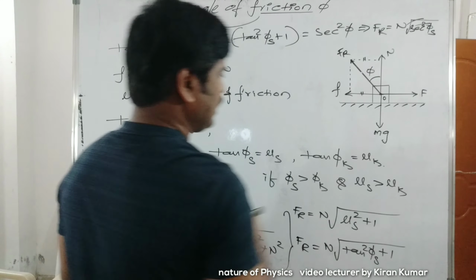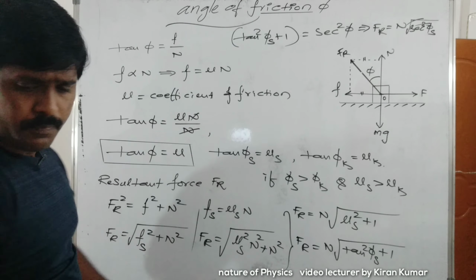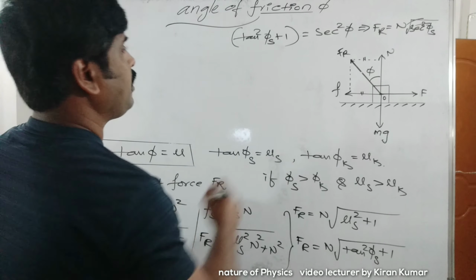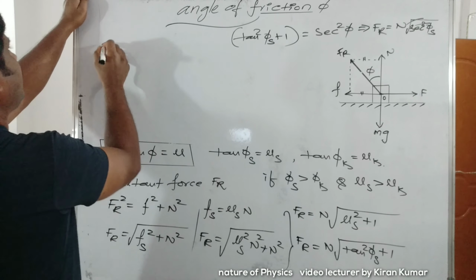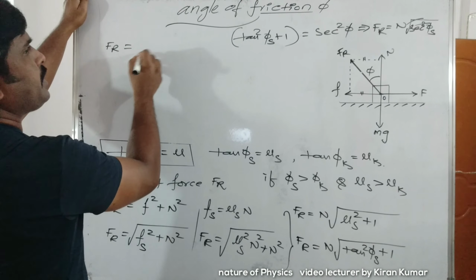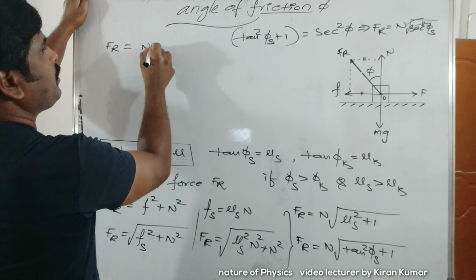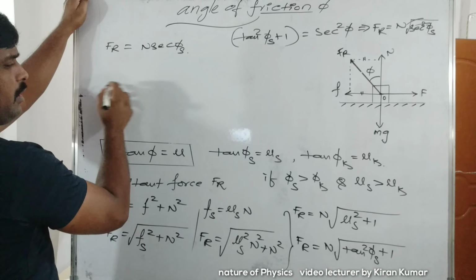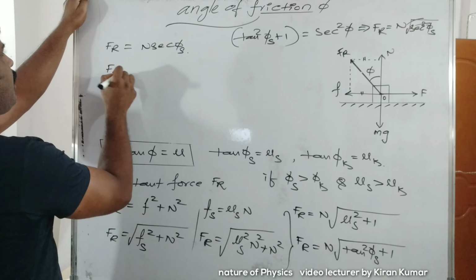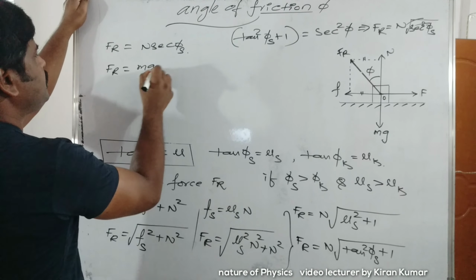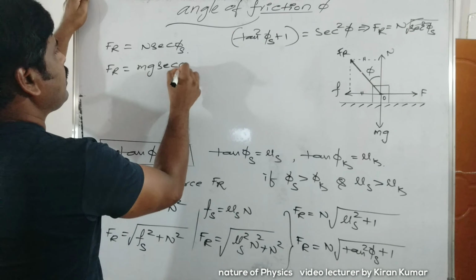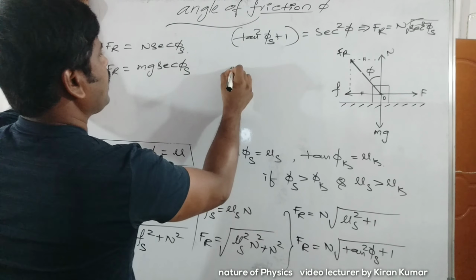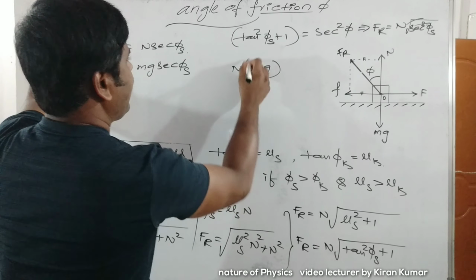The root and square get cancelled. Continuing, we can write Fr is equal to N into secant phi s. So Fr is equal to mg into secant phi s, because N is equal to mg.